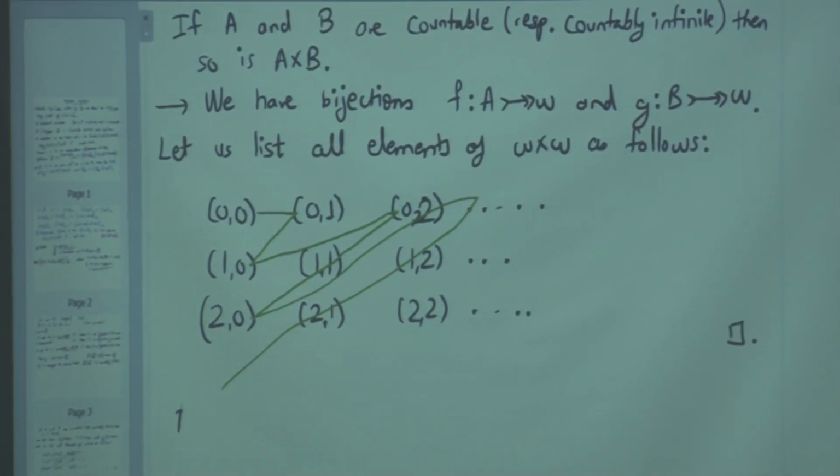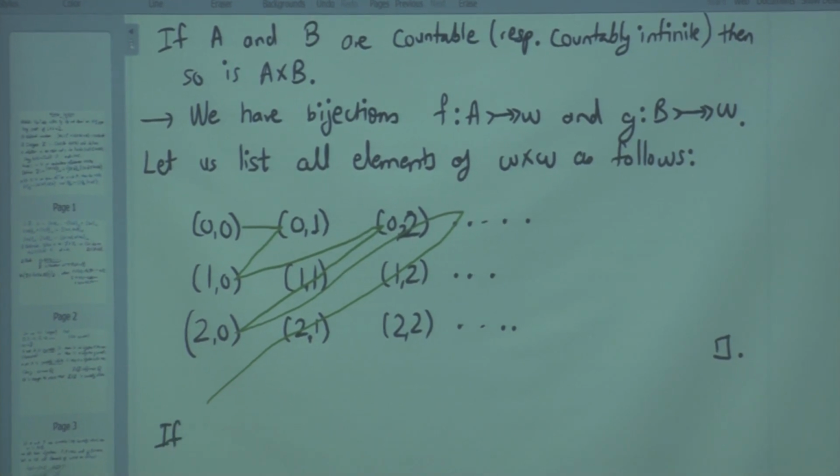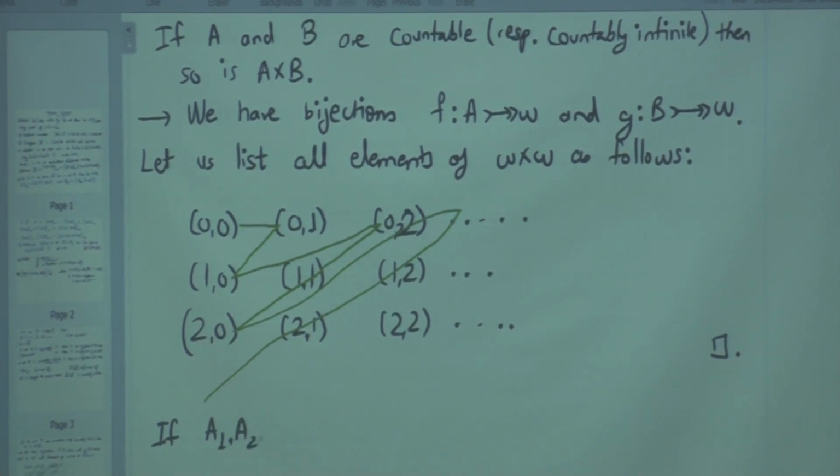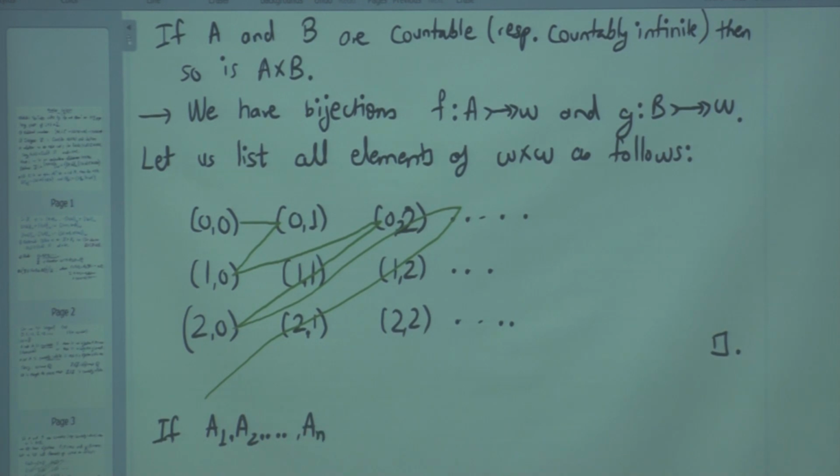If A1, A2, ..., An are countably infinite or countable, you can write down the other version, then so is the disjoint union of the Ai.